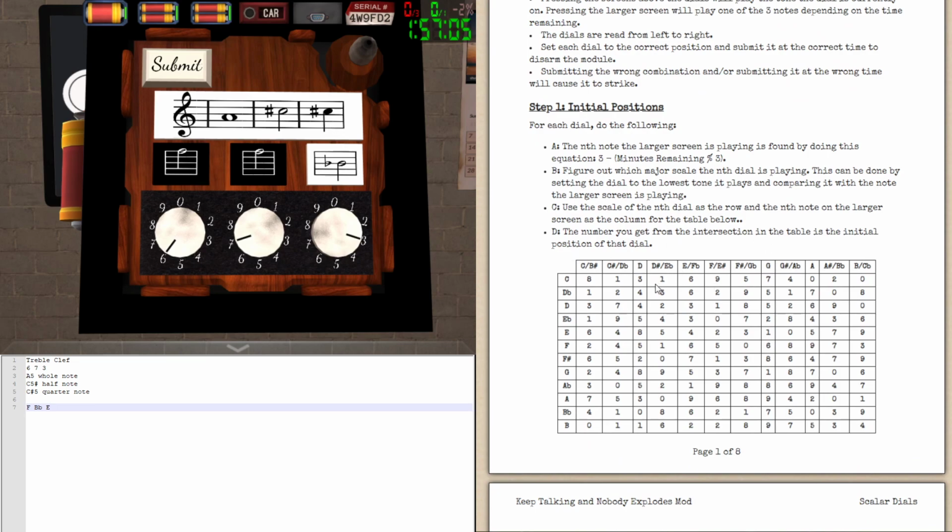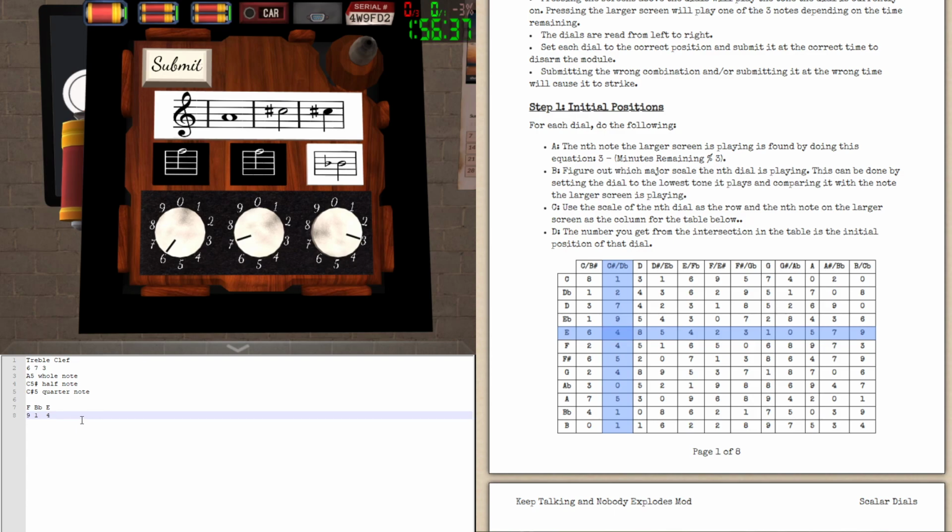So now we take each one. So A, F is going to be 9. Let's see, C sharp, and this is going to be for both of them. So there's C sharp. This time it's a B flat, so this is going to be 1. B flat and E, it's going to be 4.